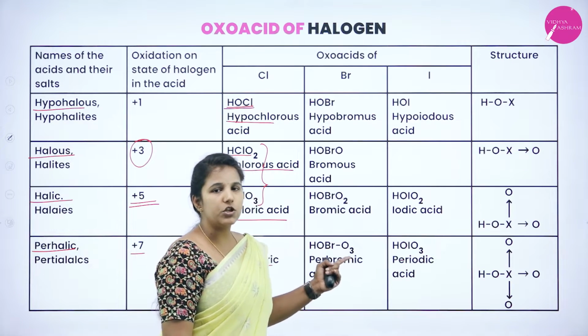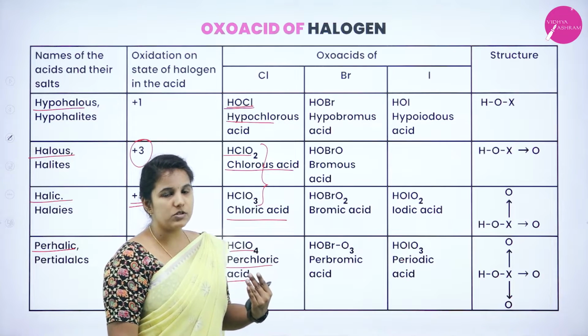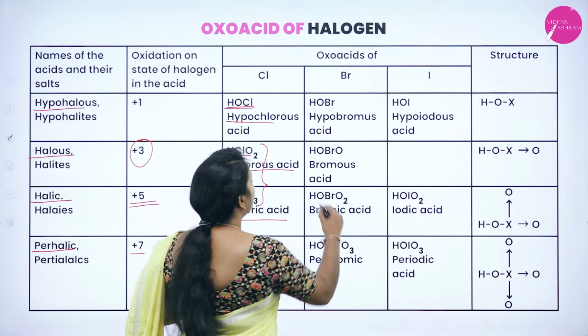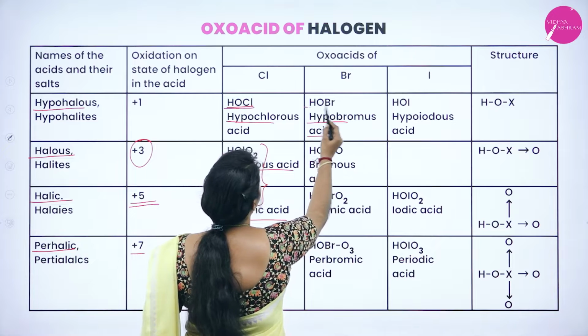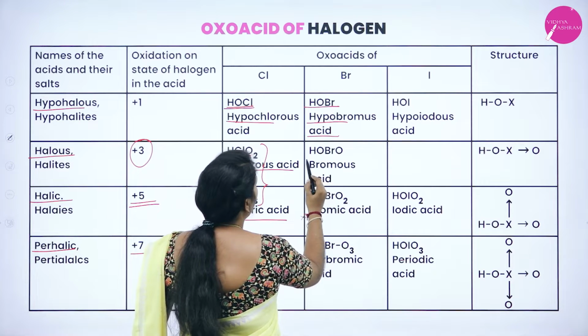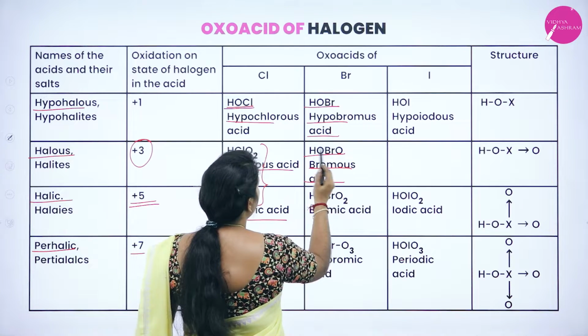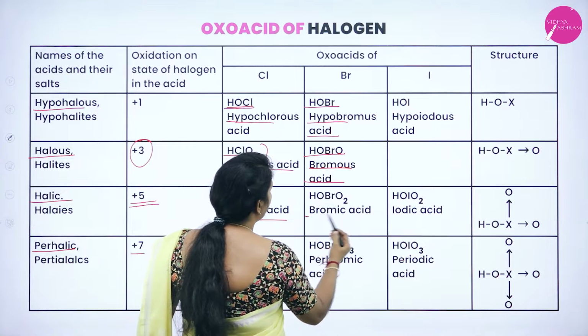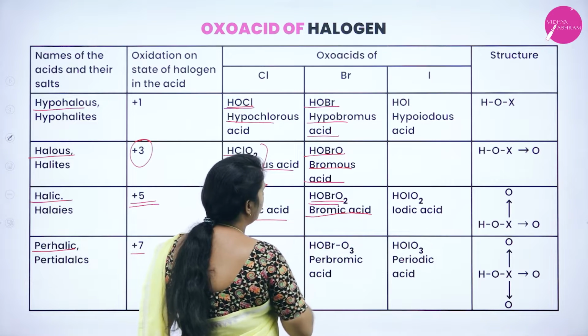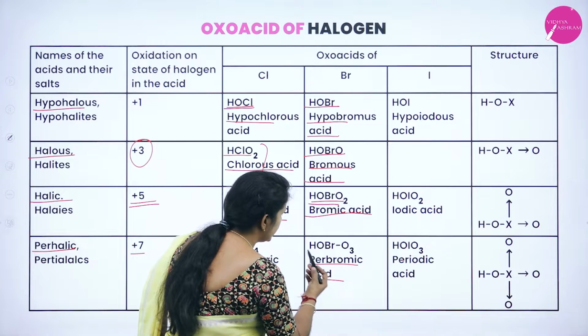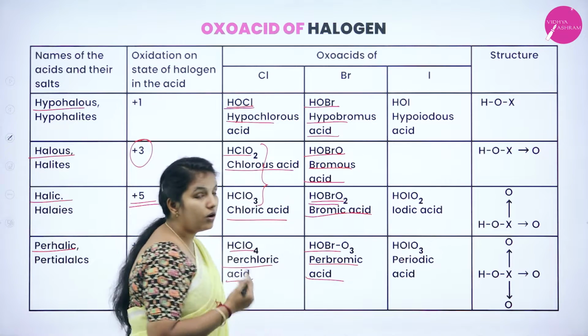Similarly, bromine also exhibits four different types of oxoacids. They are hypobromous acid, written as HOBr, bromous acid, HOBrO, bromic acid, HOBrO2, and perbromic acid, HOBrO3.